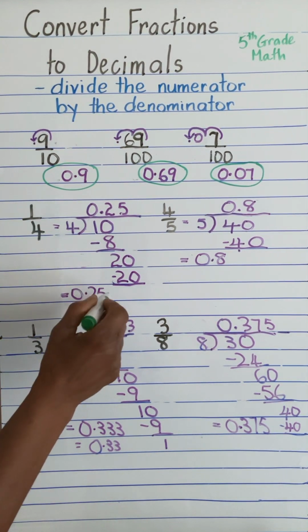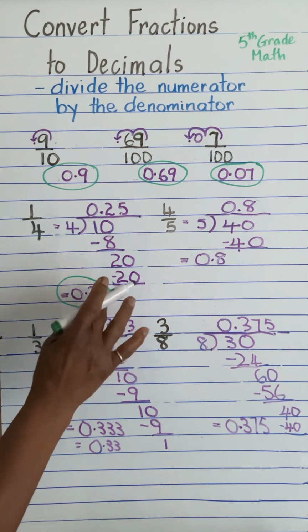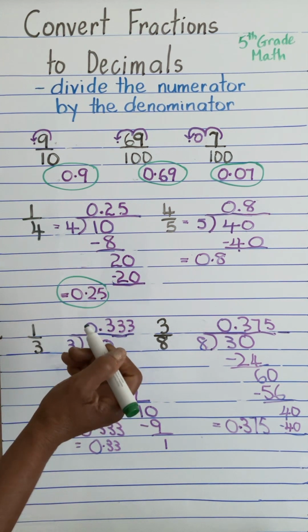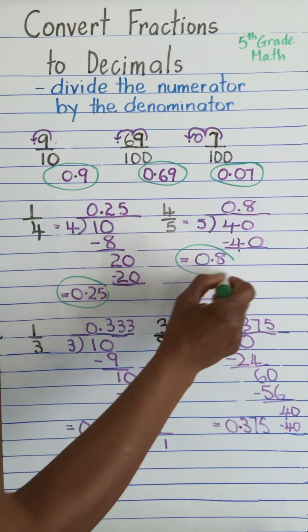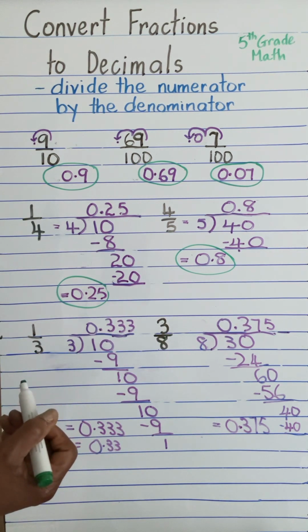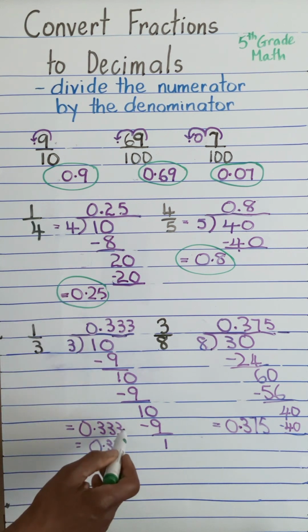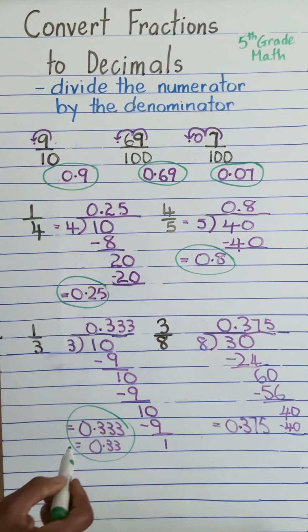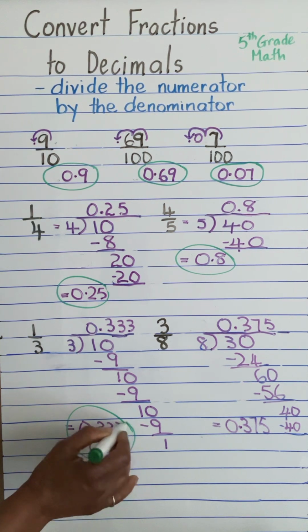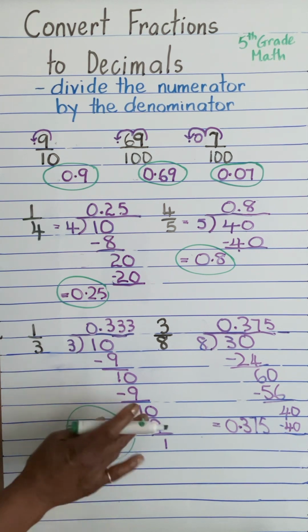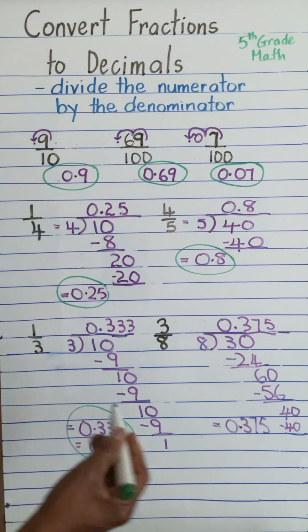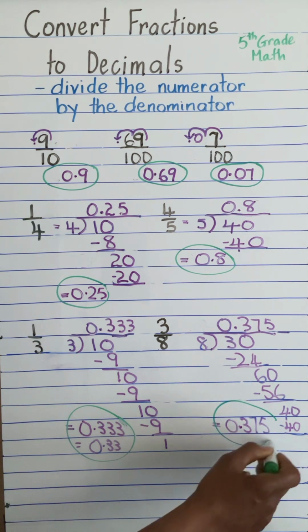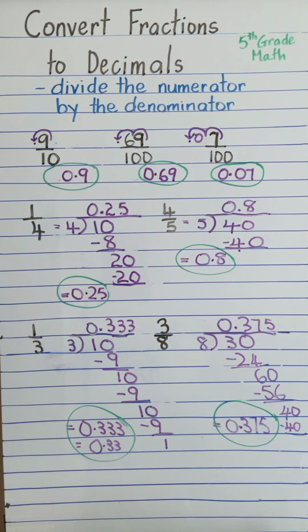A quarter, 0.25. 4/5, 0.8. 1/3, 0.333, or round it to the nearest hundredth, 0.33. And 3/8, 0.375.